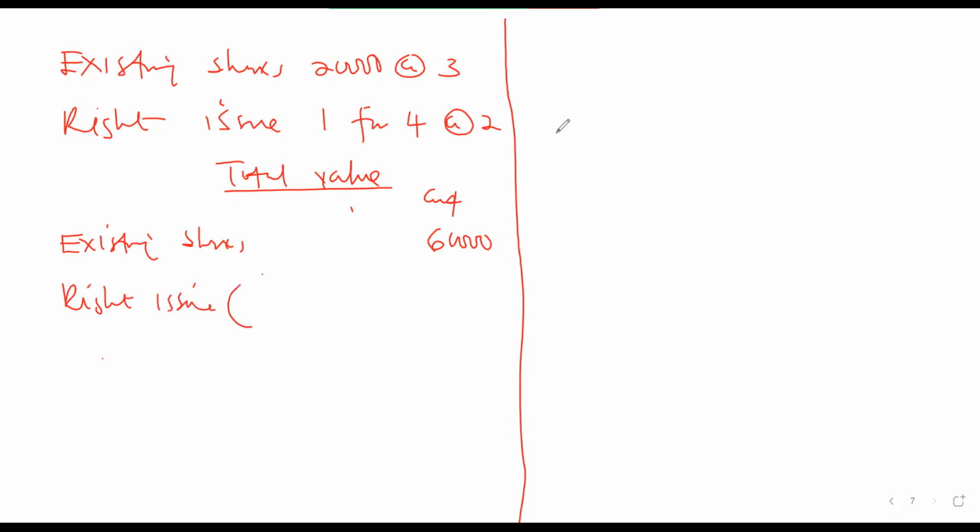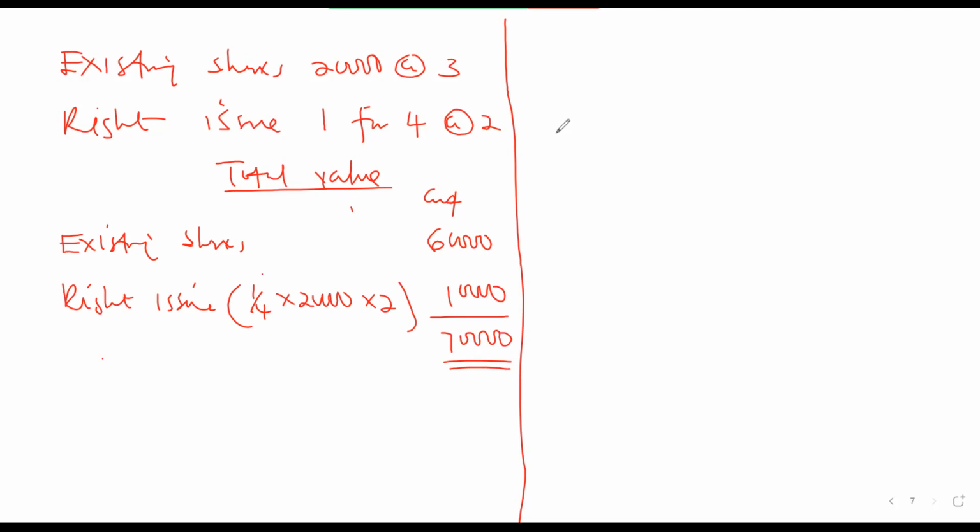Would that be 1/4 times the 20,000 times 2? Am I correct? That will be 10,000. So the total value of the shares now will be 70,000.